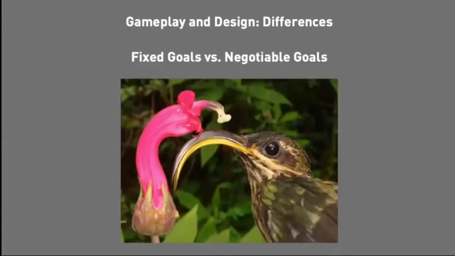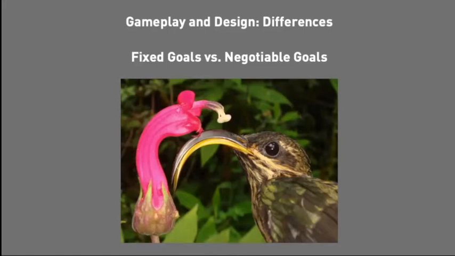I already mentioned the notion of goals earlier, and with this difference of wickedness of gameplay and tameness of gameplay and wickedness of design comes also a difference in the nature of the goals we're dealing with. In gameplay, the goals are fixed.